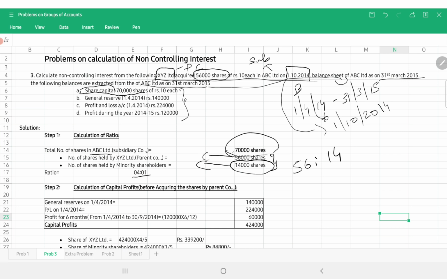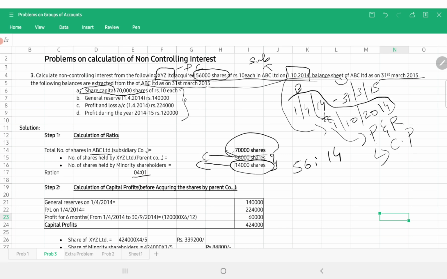So between 1/4/2014 and 1/10/2014, whatever profits and reserves were created can be taken for calculating the capital profit.